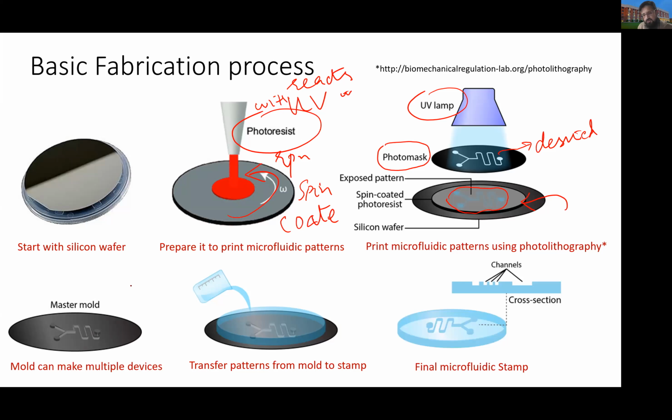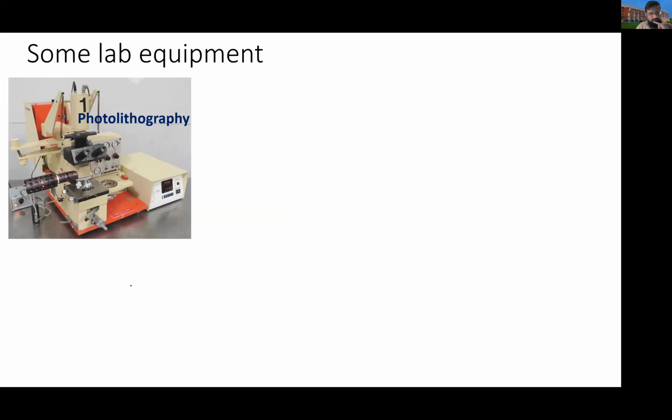Eventually you get this final thing, also called a microfluidic stamp, and it contains all the channels that you wanted to print on the device. So this is roughly what we do. A similar procedure is done to print the microelectrodes, the metal electrodes. And then we bond them together and make the full device.